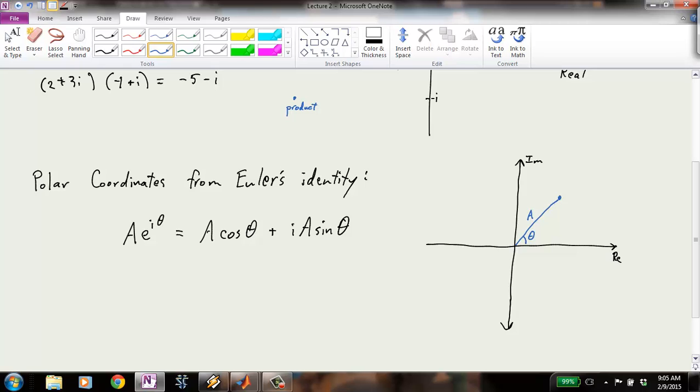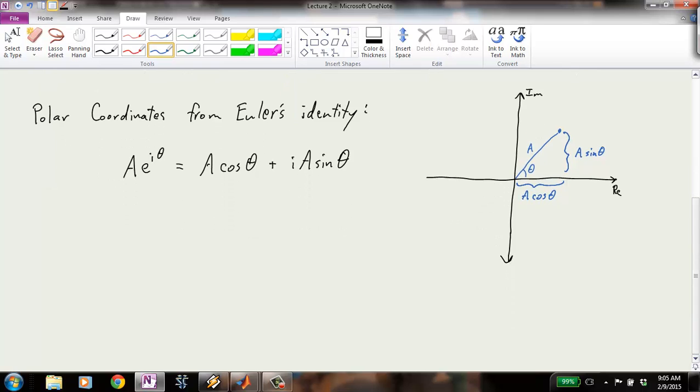So that's the polar representation of a complex number, exactly because of this equation here. Well, this is good news because multiplying numbers of this form is much easier than binomials.